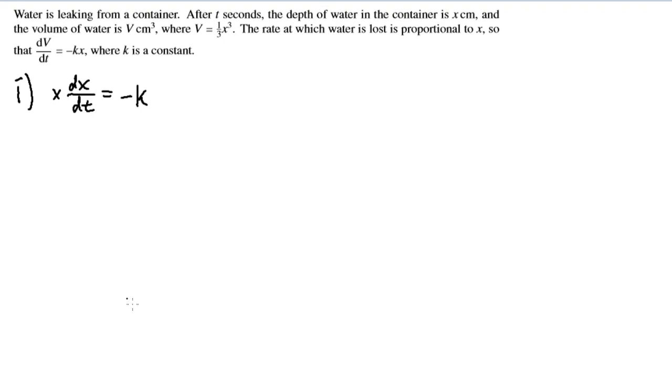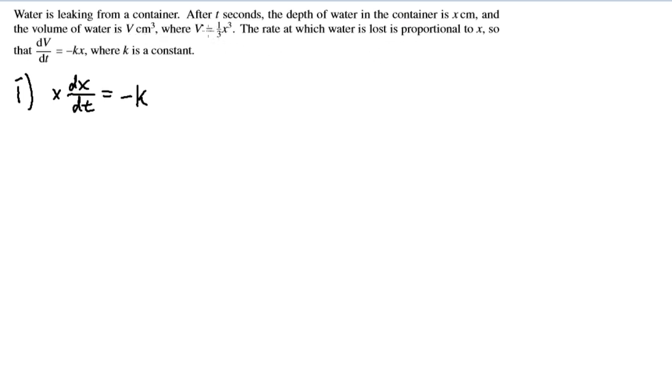So part 1, show that x dx by dt is equal to minus k. So where can we start? Let's start by decoding what the question asks. So water is leaking from a container. After t seconds, the depth is x, and the volume is v, where v is this.